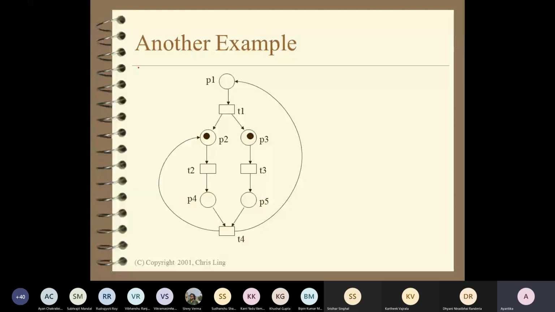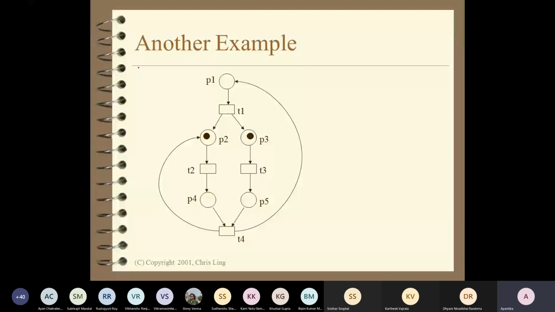So this is the analysis technique of Petri net, especially important in concurrent scenarios or complex systems, embedded systems, where Petri net is capable of analyzing your model in terms of reachability, whether starting from a particular state you can reach a particular state or not.